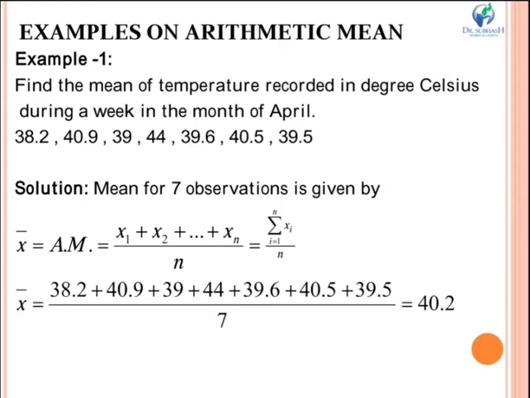See here, this is of the first type, that is when n observations are given to us. So here there are 7 observations. So x bar equal to summation of all the terms divided by 7. In the next step we have added all the terms and we divide the sum by 7. So we get our mean as 40.2.